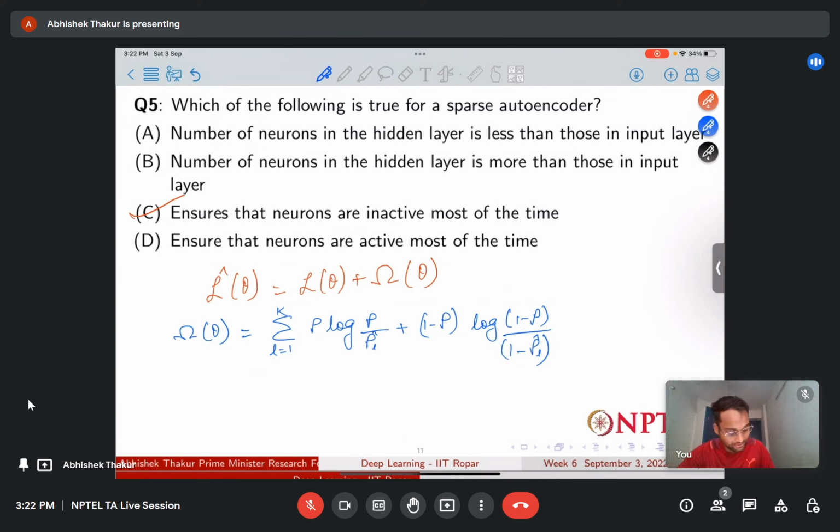So this is the regularization parameter added in the loss function of the sparse autoencoder.